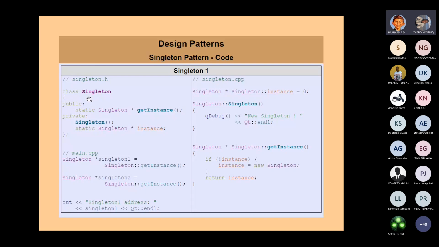But your class is straightforward. You have your public static method, get instance, that returns a pointer to the singleton. Then you have your private constructor and a private data member that stores a pointer to the singleton instance. And the get instance method and the instance data member are both static.